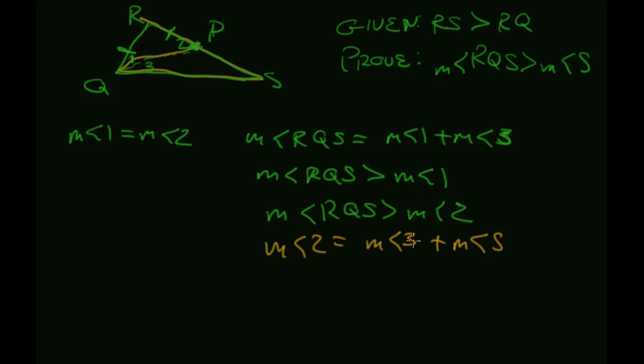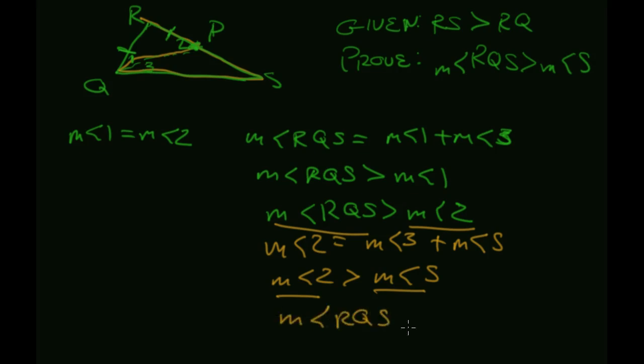So what do we got here? If 2 is bigger than 3 plus S, then the measure of angle 2 has to be bigger than the measure of angle S. And if RQS is bigger than 2 and 2 is bigger than S, then the measure of angle RQS has to be bigger than the measure of angle S. That's basically a transitive property.